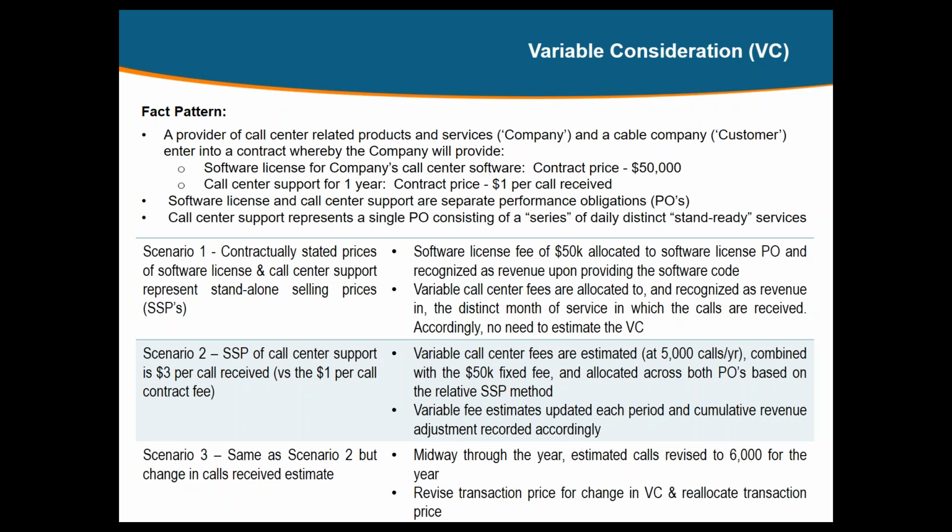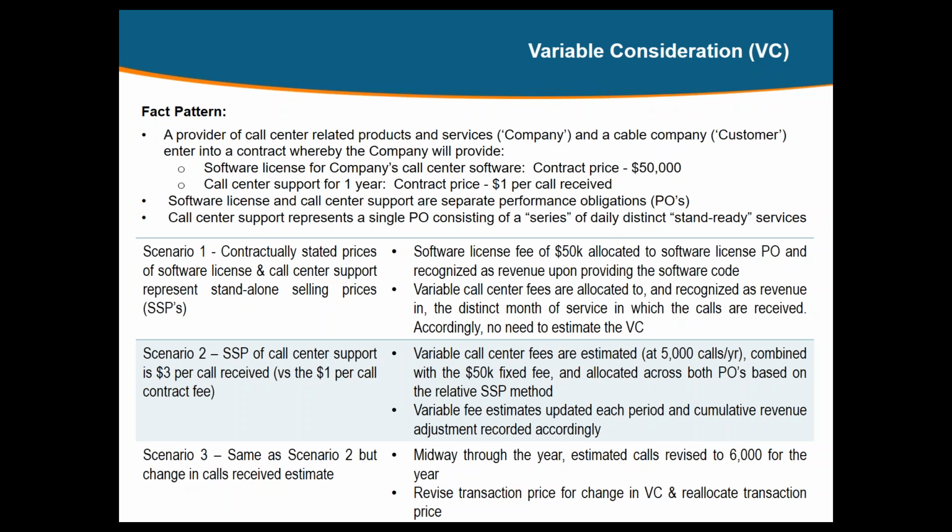And what that means is it gets you out of actually having to estimate the variable consideration from a practical perspective, because you're allocating it to just that month of service and recognizing that month of service. So really scenario 1 is probably consistent with how companies would treat it today, and I think a much better answer from an operational ease perspective than the normal model, which we'll get into in scenario 2.